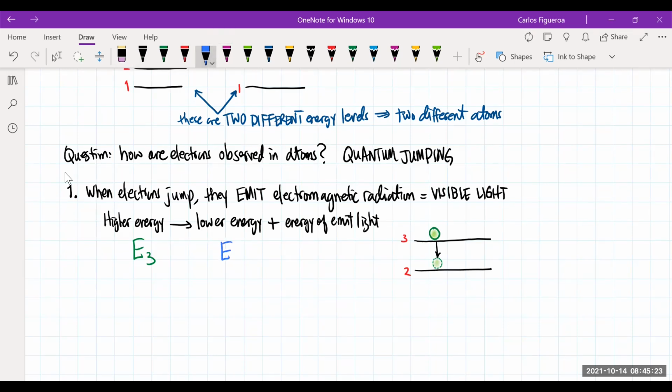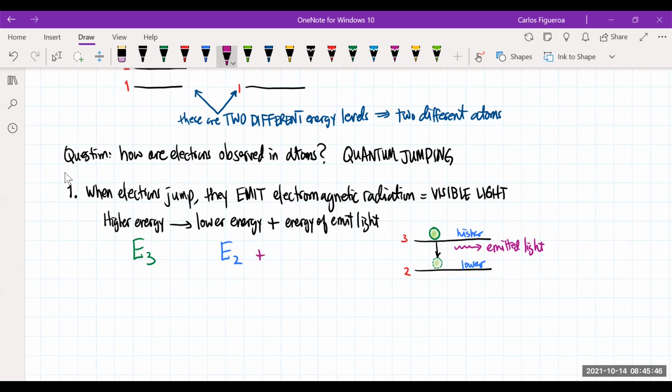So then I'm going to call that 2. So this is the lower energy. This is the higher energy. But in this process, it emits light. So then I'm going to say, this is the emitted light.